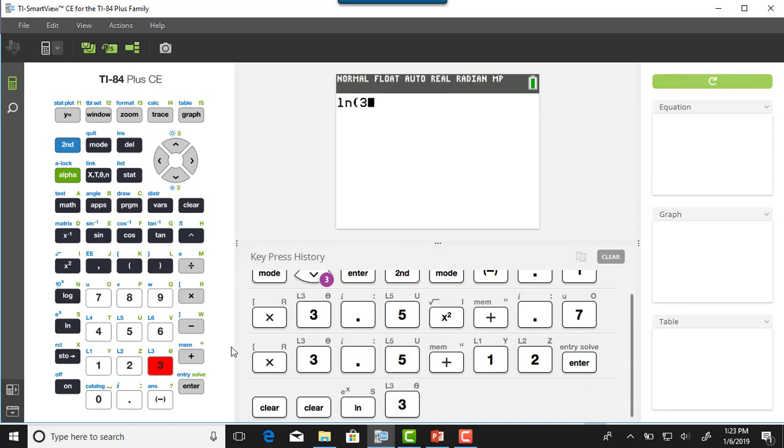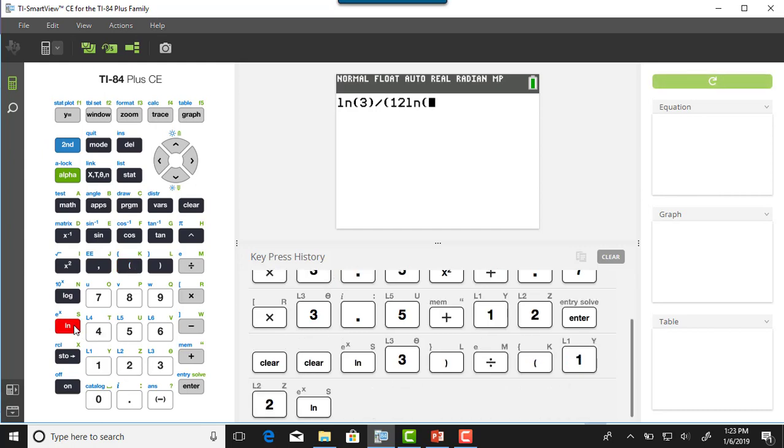Now on my calculator, when I hit ln, it opens a parentheses. So I've got to turn right around and close that parentheses. And then I want to divide it by everything. I want to divide it by 12 times the natural log of 1.0025. So I've got to have 12 times the natural log of 1.0025 all in parentheses.